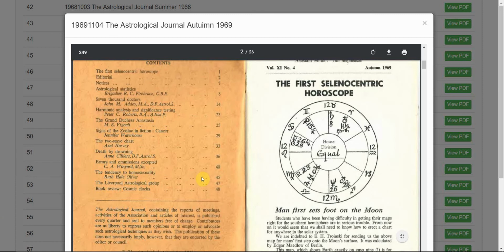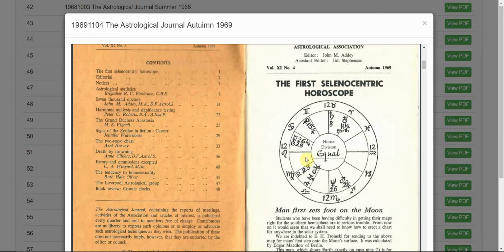Just 2 years after the decriminalisation of homosexuality, there's a very interesting article by Ruth Hale Oliver. I suspect today people might have some interesting comments on it, but it's worth reading. As you look through these old journals, whether you agree necessarily with the analysis or not, there's a very high standard of scholarship which belies the rather ordinary presentation.